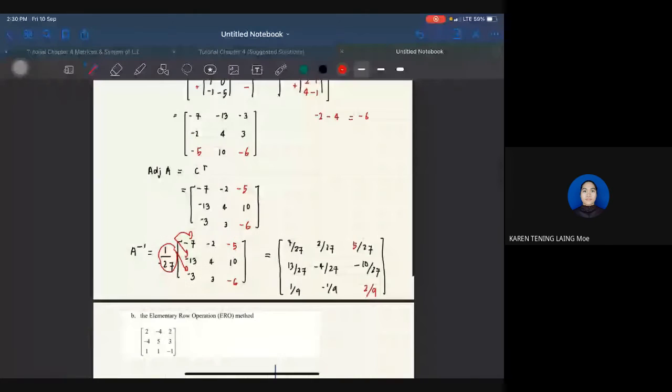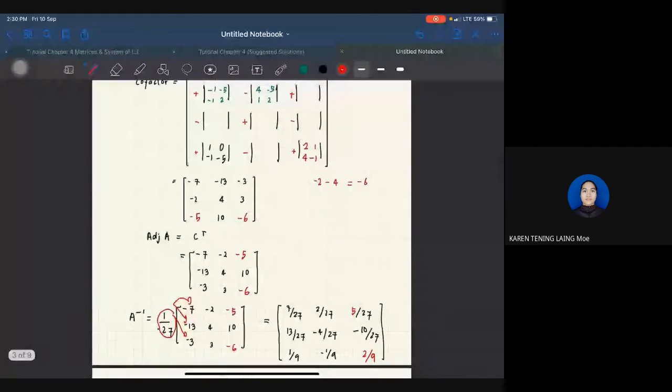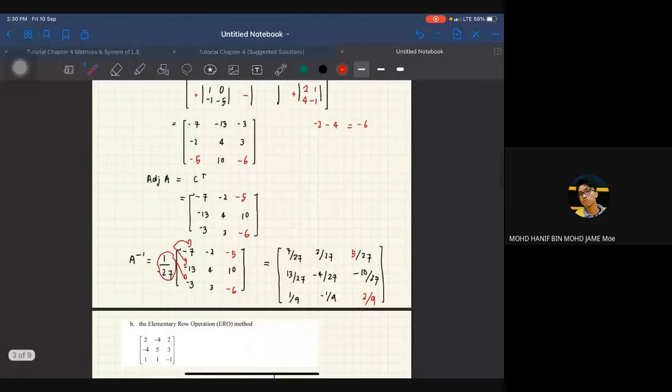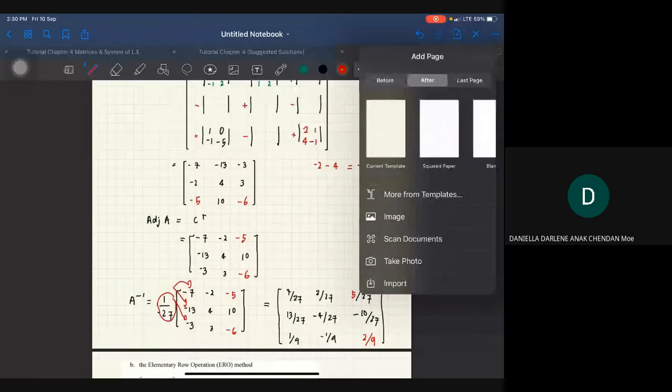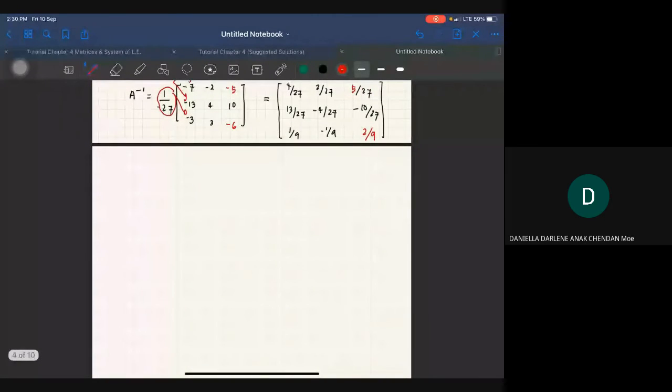Yes. Okay, good. Alright, I want to show an example if we have a 2x2 matrix. Let's say we have A equals 1, 2, 3, 4.